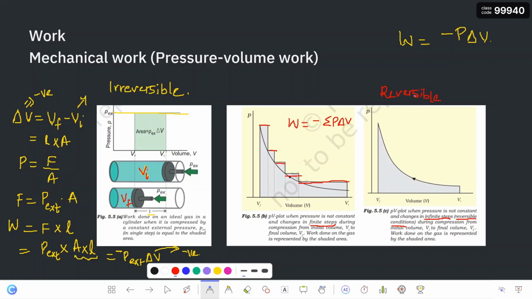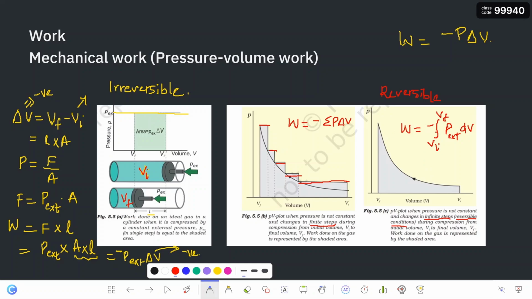In such case what to do? What is the equation that we have to discuss? In such case we will write it as the integral from Vi to Vf of P external dV. dV is the small change in volume happening because of the pressure change.